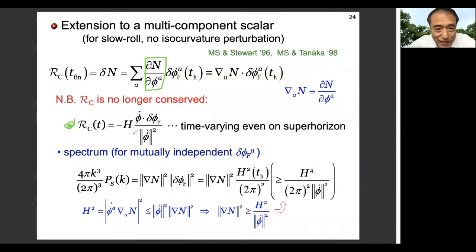It takes some time, and then you may be able to compute the final curvature perturbation by integrating the equation for the comoving curvature perturbation. But the delta N formalism tells you that you don't have to do that. The only thing you have to know is the background equations of motion. Is it clear so far?